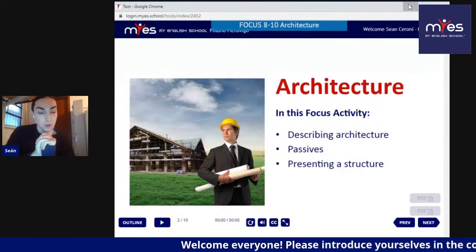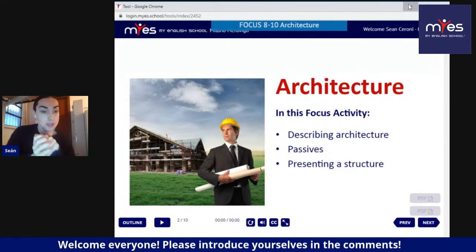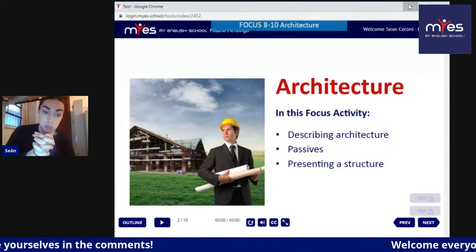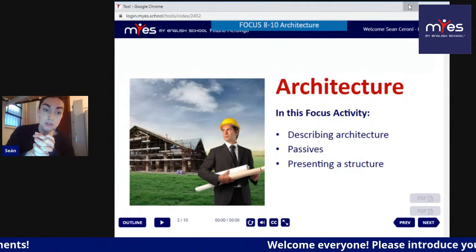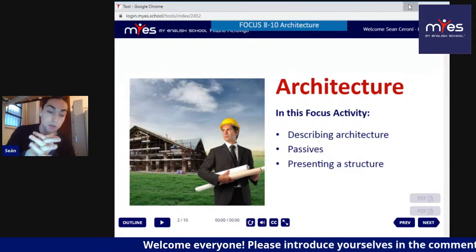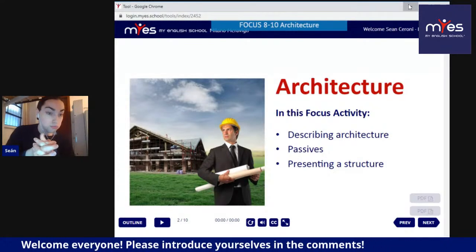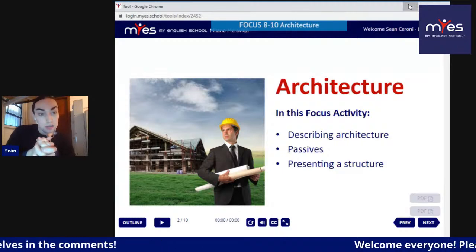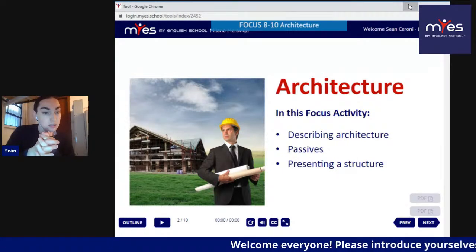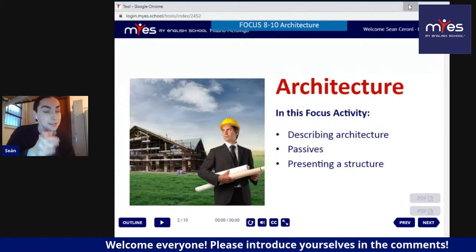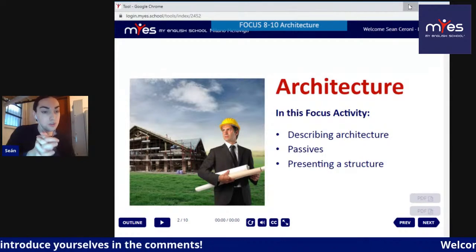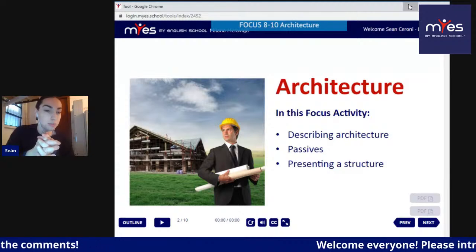We use them when the object is more significant than the subject, or we do not know the subject. And that's often the case with architecture. We don't know who built a structure, or it's not as significant as the structure itself. We want to place emphasis on the building. And it's a very good way to discuss this topic in particular.